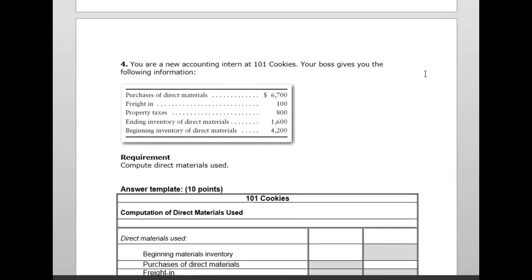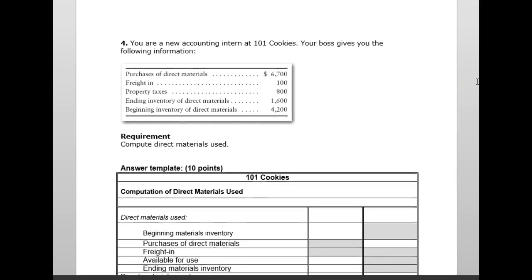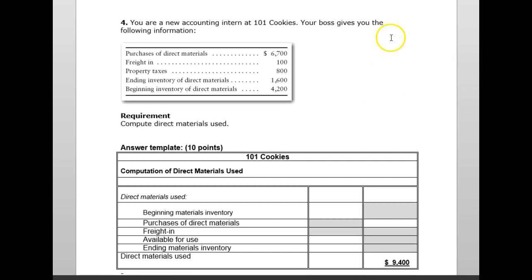The next one then looks at 101 cookies, and they want you to calculate the direct materials used. So looking at this, you've purchased direct materials, you've got freight in that's going to be added to that inventory.